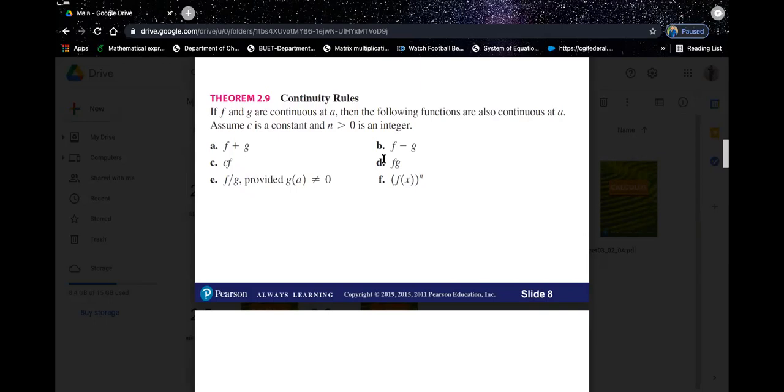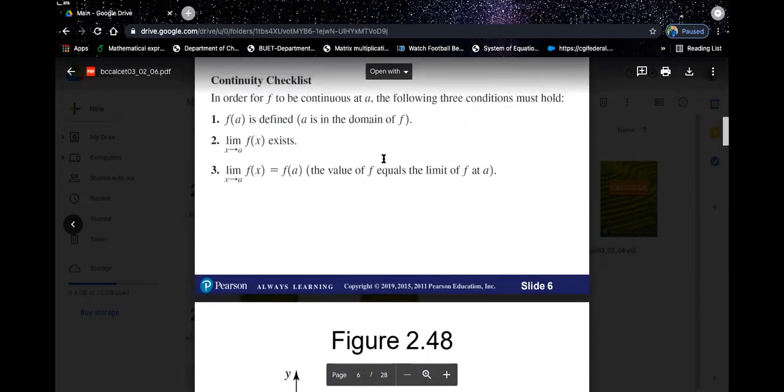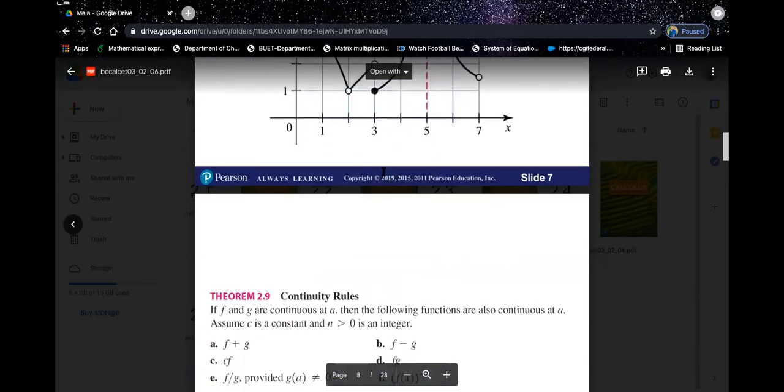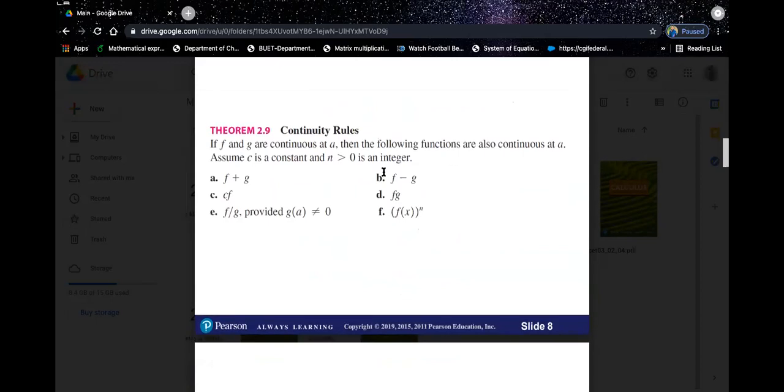Just take two functions which are already continuous, add those two algebraically, and whatever you get, graph that as well and cross-check whether it's actually continuous at a or not. I know it will be time consuming, but if you can do this for one or two problems, it will definitely make things even more clear.